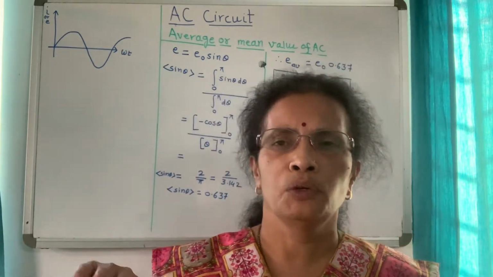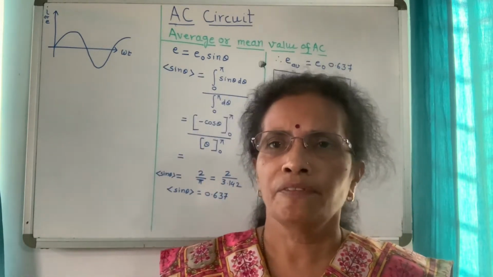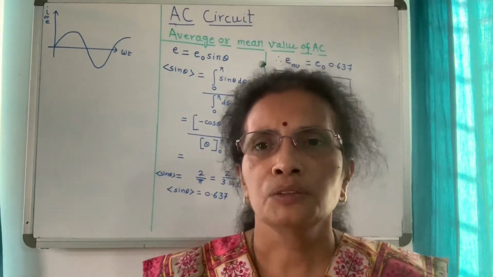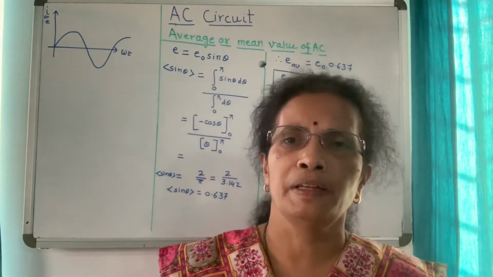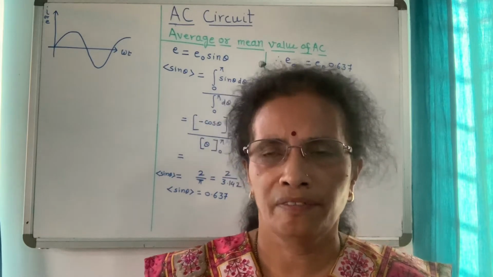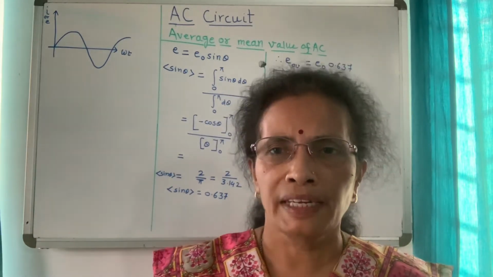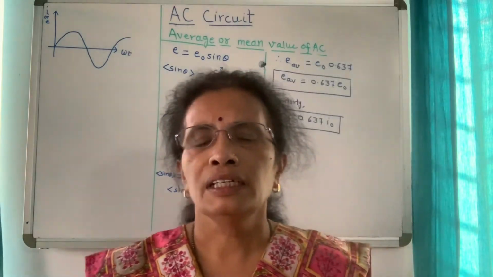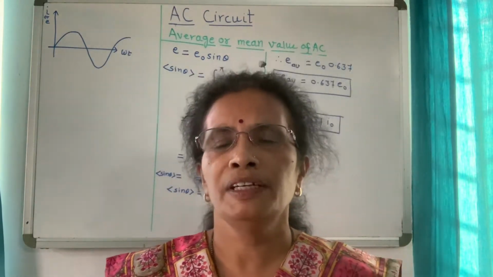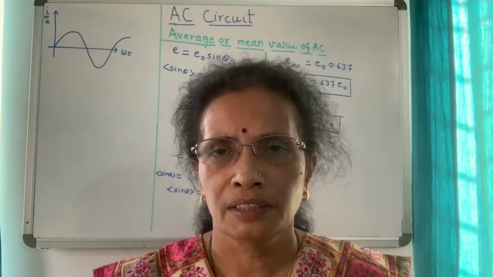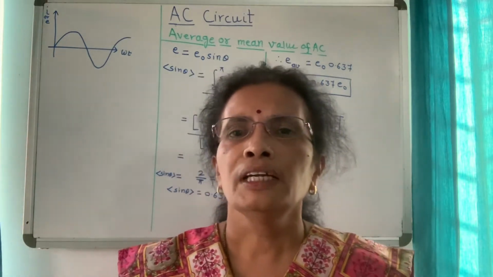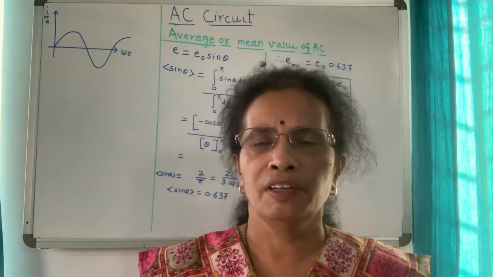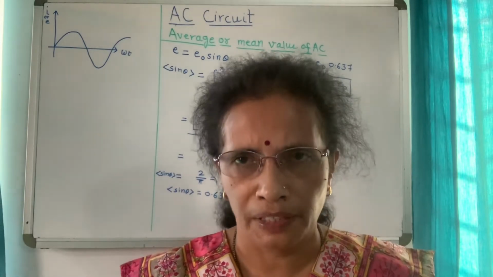So the turbine rotates. The shaft is connected to the turbine, so the shaft is also rotated, which is placed in a uniform magnetic field. So because of the rotation of this shaft, the magnetic field changes, that is, the flux changes. So the induced EMF is developed around it.